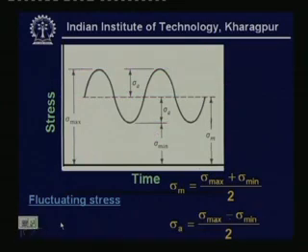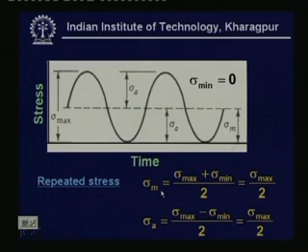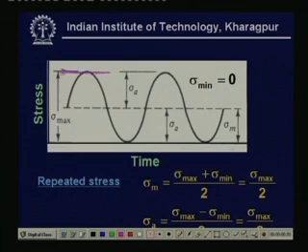In a similar manner, one can find a repeated stress condition. What is a repeated stress condition? See, it is going to a maximum stress level here, but you can see the minimum stress level, sigma min, comes out to be equal to 0.